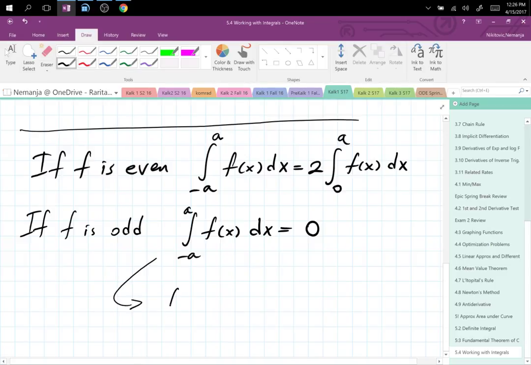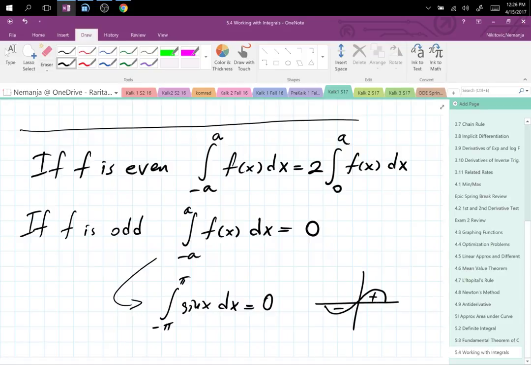So for the bottom one, the integral from negative pi to pi of sine x dx is immediately going to be 0 because the negative and positive parts cancel out. If you have an odd function, you can also use x cubed, or whatever is odd. It will go through this.